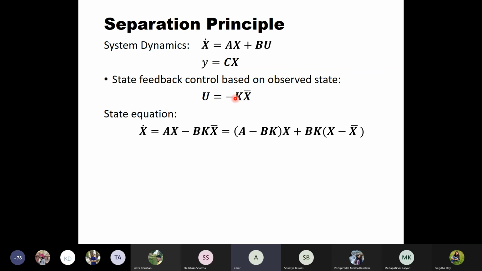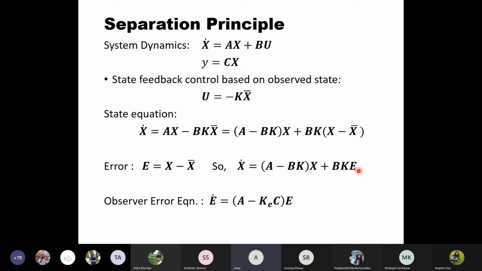I modify it by adding and subtracting BKx, so I will get A minus BK x plus BK times (x minus x bar). Now we already defined the error as x minus x bar. So x dot will be (A minus BK) x plus BK times the error e.